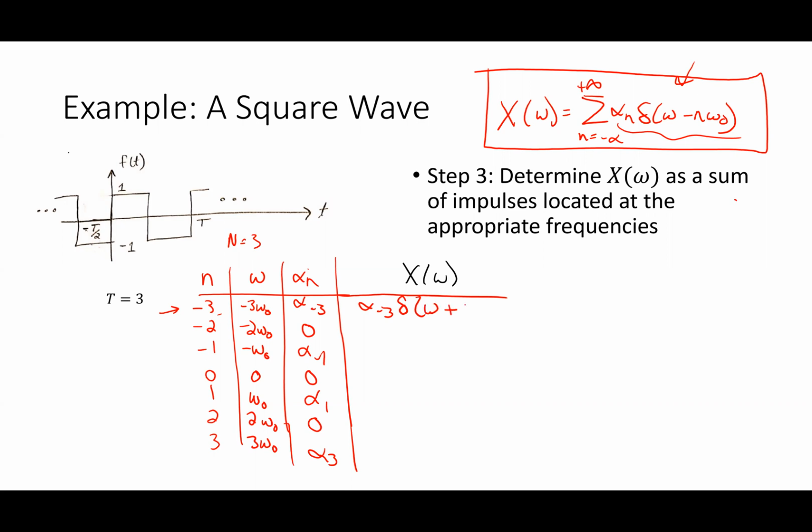Omega plus 3 omega naught. Because that impulse has to be shifted over to omega equal to -3 omega naught. All right, this guy would be alpha -1 times delta of what?